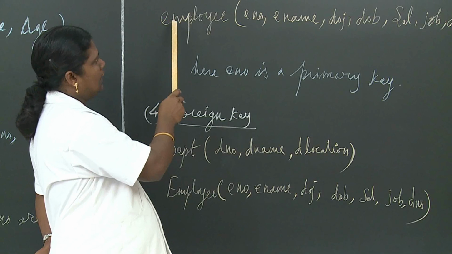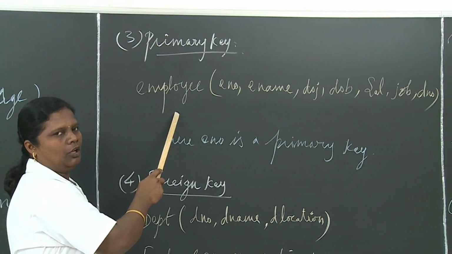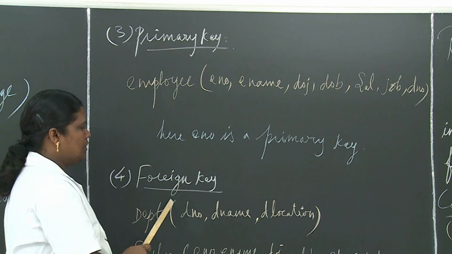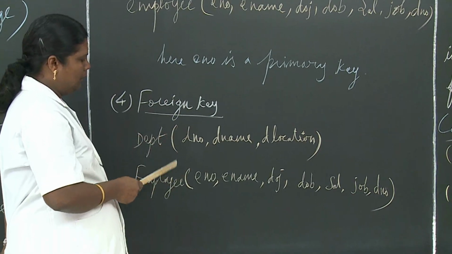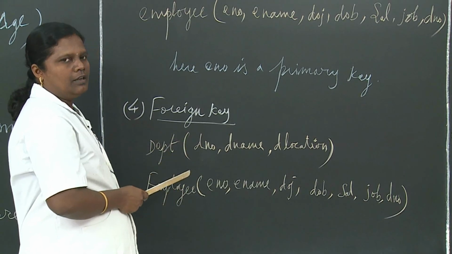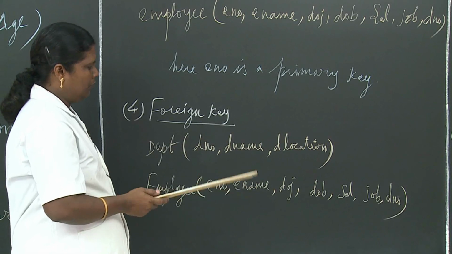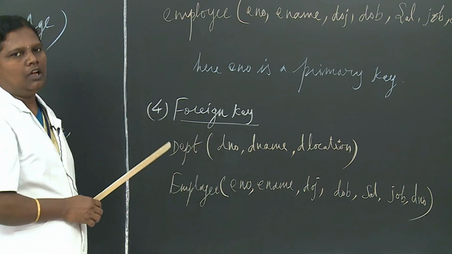A primary key is considered only for the particular relation. But in the case of a foreign key, a minimum of two relations must be involved, though we can also use the foreign key with three or more relations.